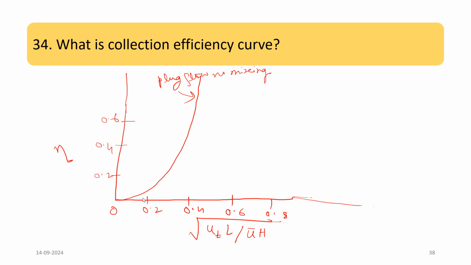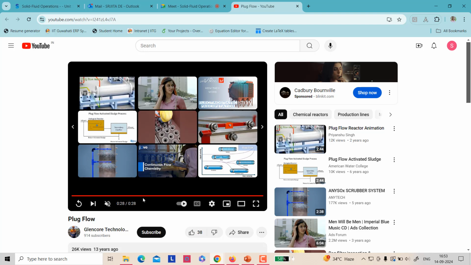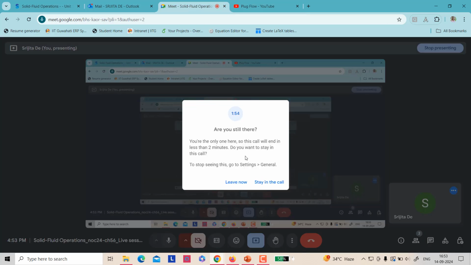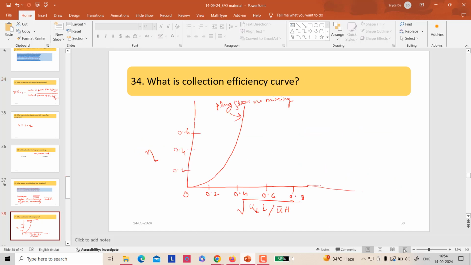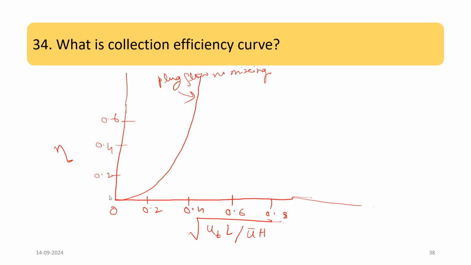Second one, when the curve is a little bit of S shape, that is plug flow with vertical mixing.